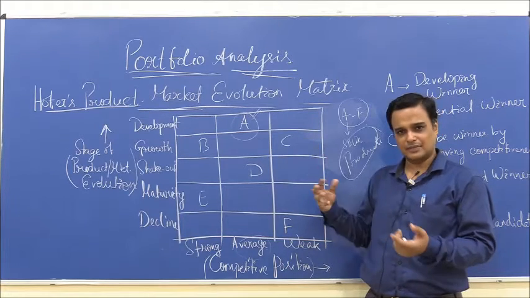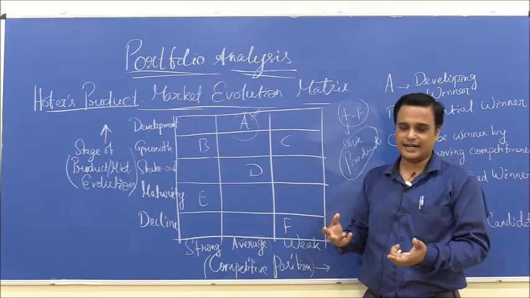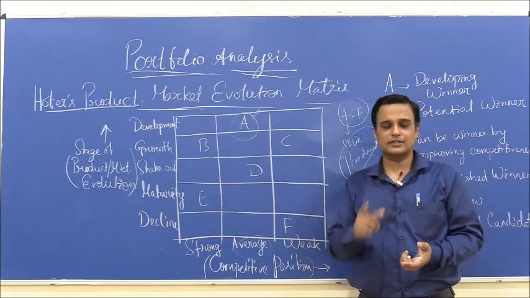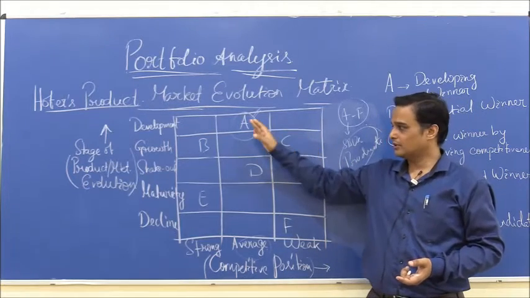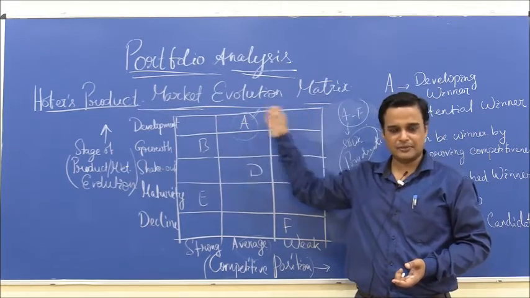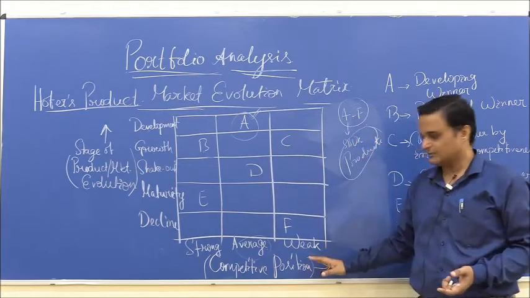It does not have a lot of market share in a growing market. The demand for motorcycles, automobiles is there in that market, it is a growing market, but your brand, maybe it entered late, maybe you ignored it when it was in the developing stage. For some reason, it could not gather a lot of market share.